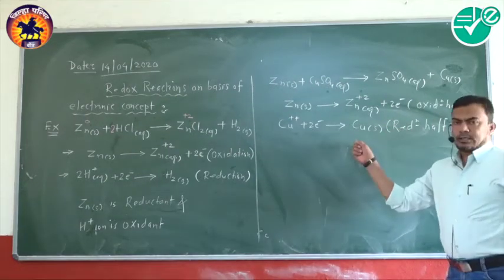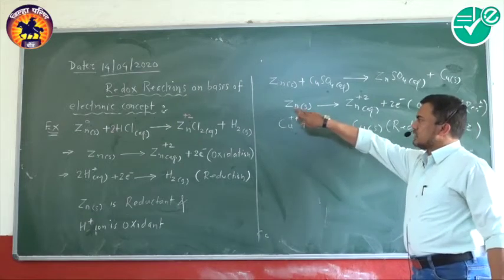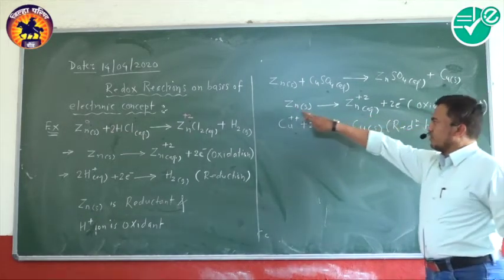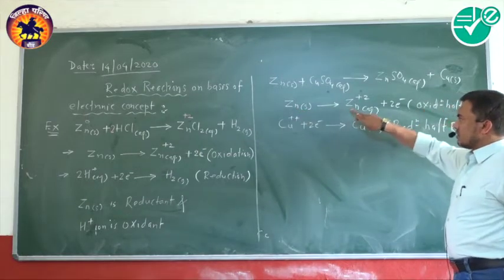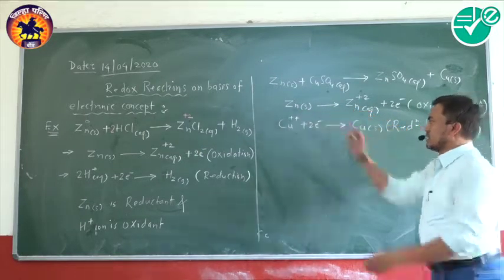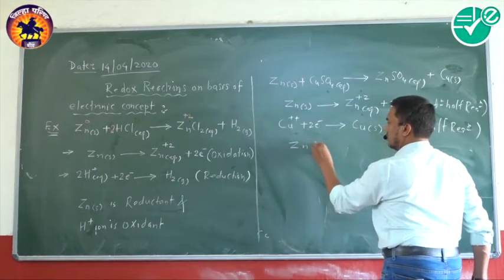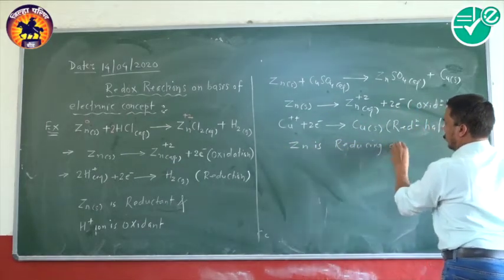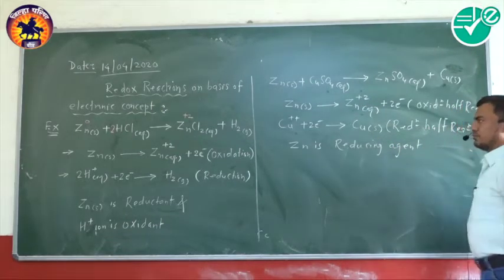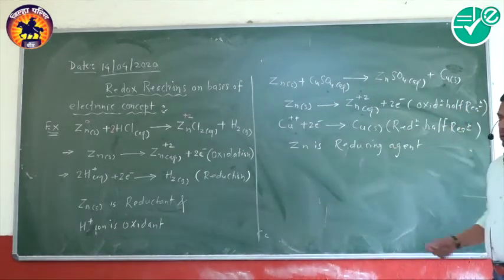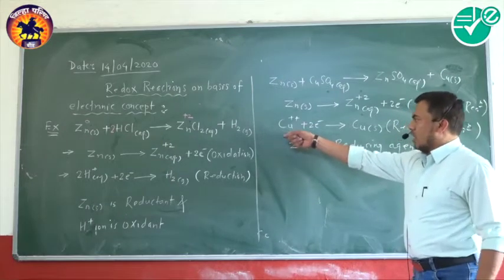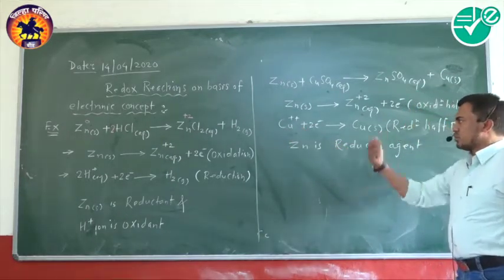In both cases, we can identify the zinc, which gets oxidized and reduces the other. The zinc is called the reducing agent or reductant, whereas copper ion accepts the electrons and gets reduced itself, which oxidizes the zinc.